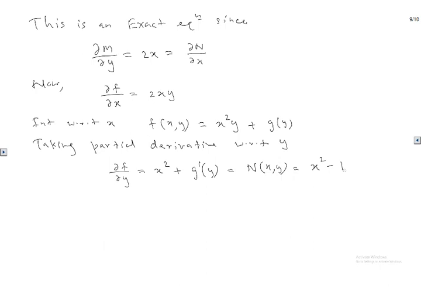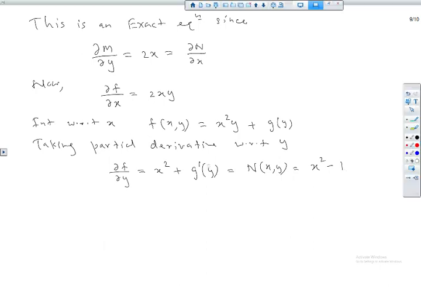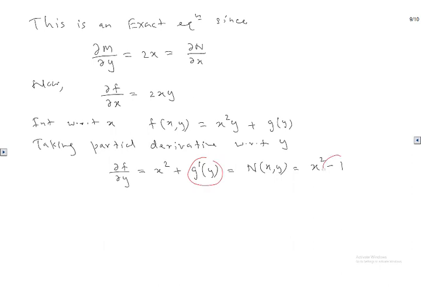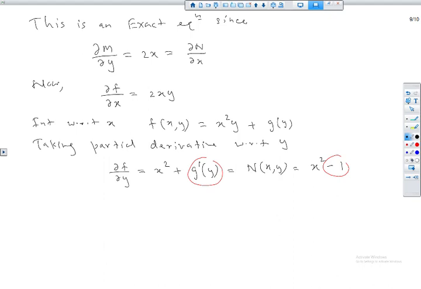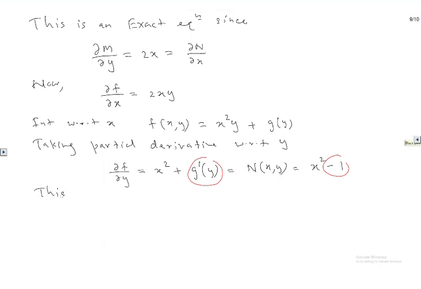Now you can see that this part has to equal that part, because the other parts are equal. So g prime of y equals negative 1, and then we integrate this with respect to y, which gives g of y equals negative y.